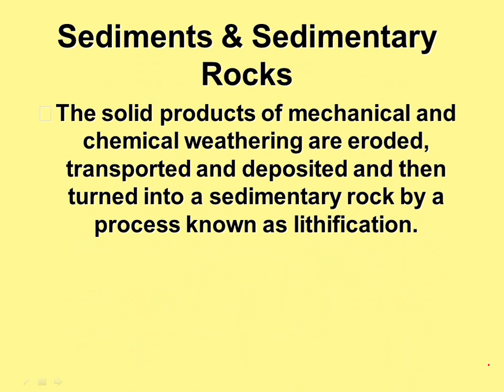An important component of diagenesis is the process known as lithification. The term lithification is used to describe those processes that result in the fragments of pre-existing rock getting stuck together. And those processes include compaction, cementation, and recrystallization. Those are typically the three component parts of the process known as lithification.